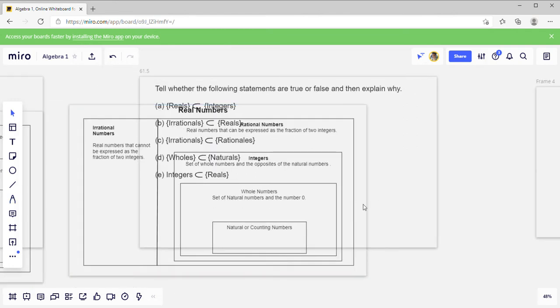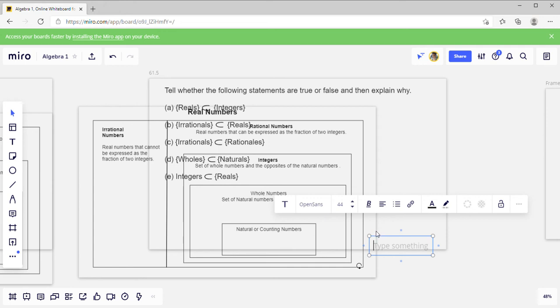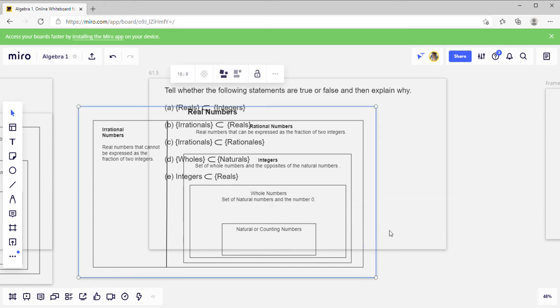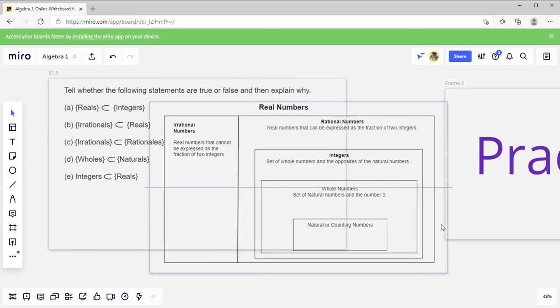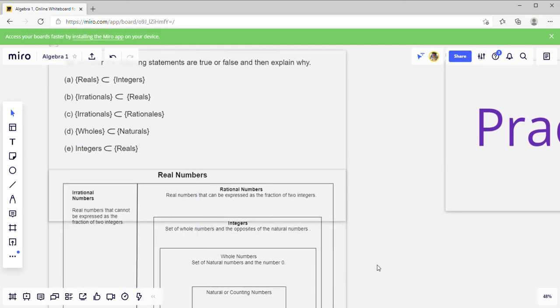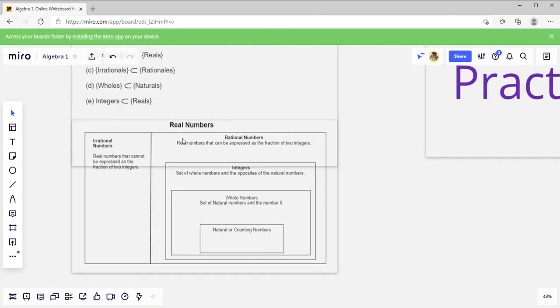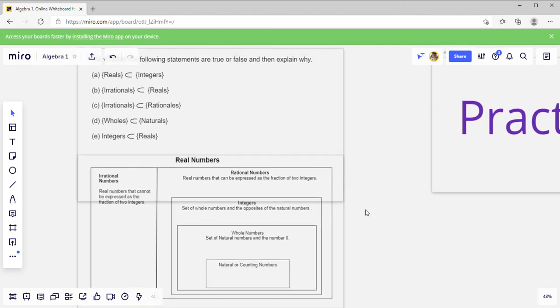I'm going to move it over to right down here. All right, so the real numbers are a subset of the integers. So let's look. Our real numbers are inside the integers? No, integers are a subset of the real numbers. So that first one there is false.